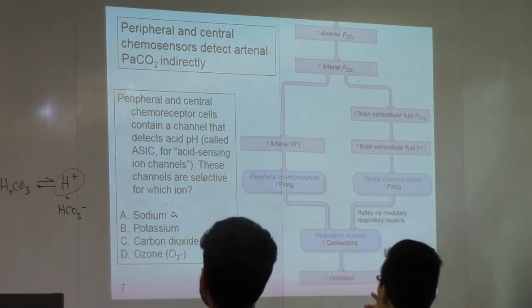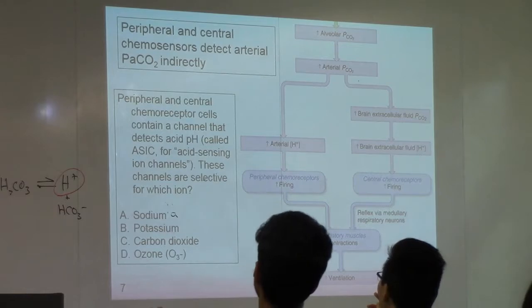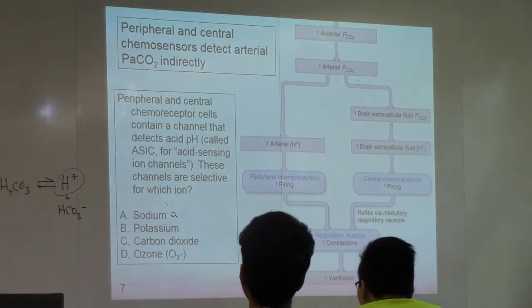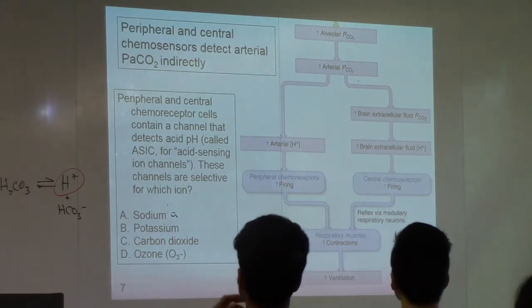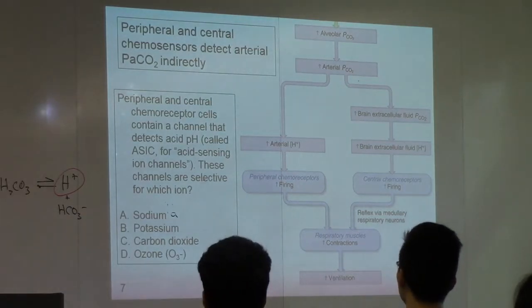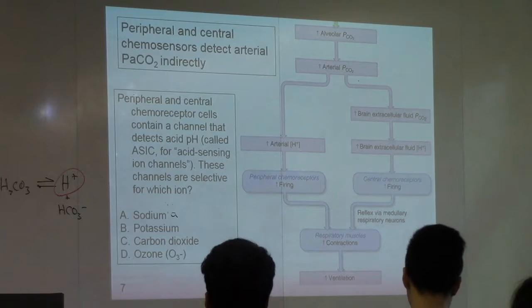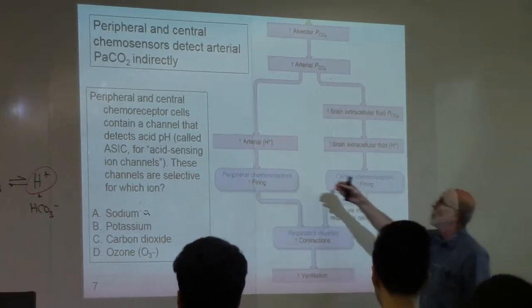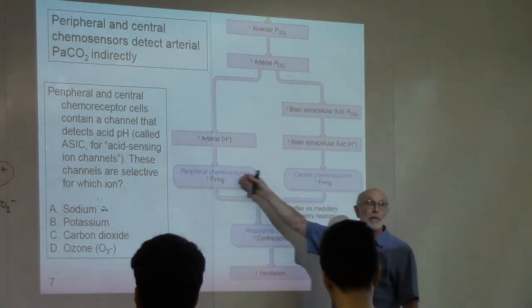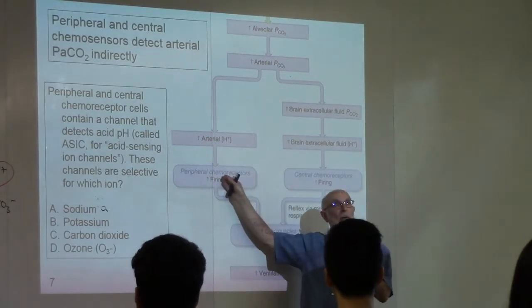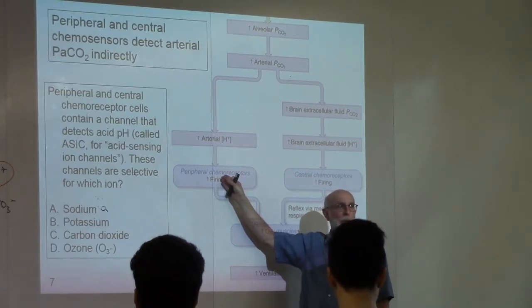It's a channel that senses acid. So we're getting now into the molecular mechanisms of how a neuron can detect acid. It's got a channel that detects acid and causes the neurons to increase their action potential rate. Now, I know I didn't teach neurons, but I did teach threshold, and I did teach action potentials in the heart, and the principles are the same.